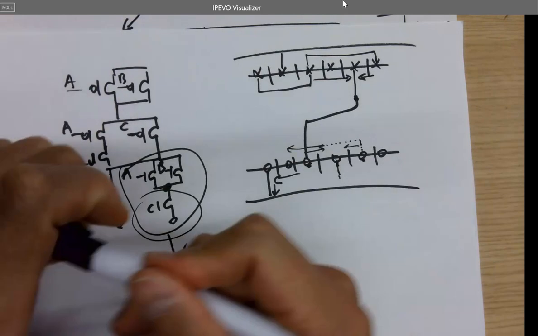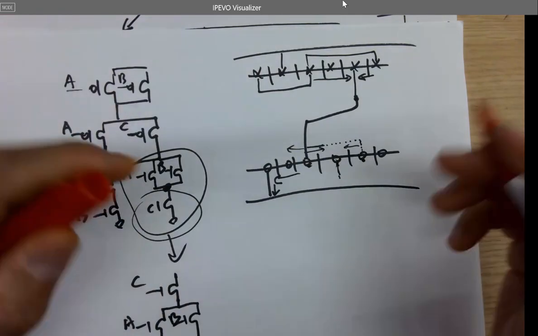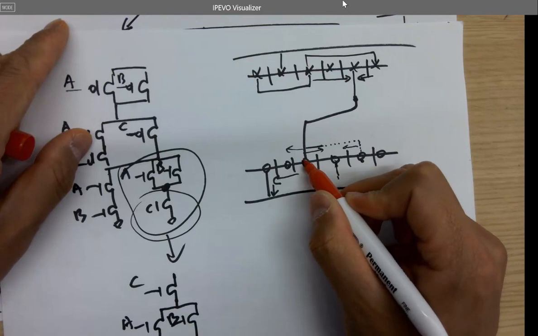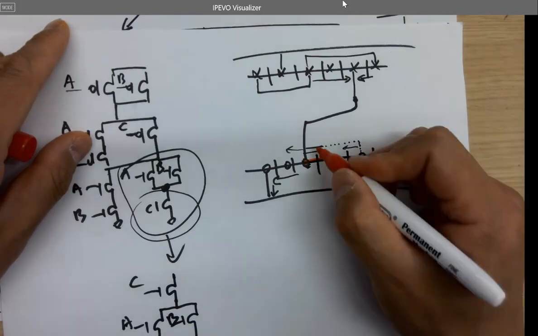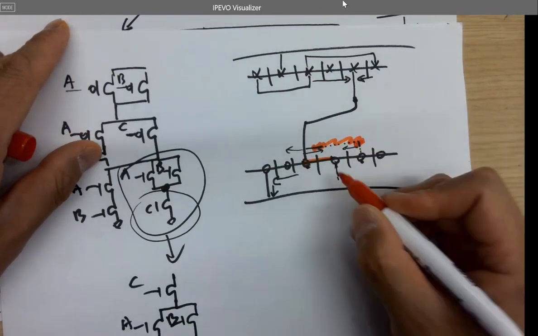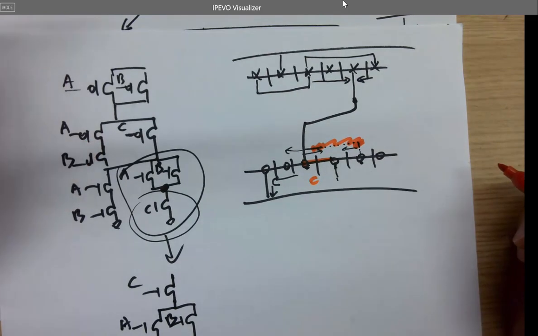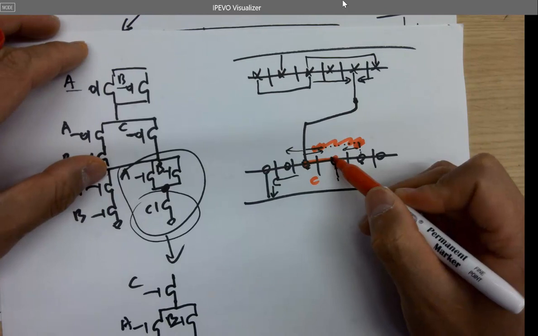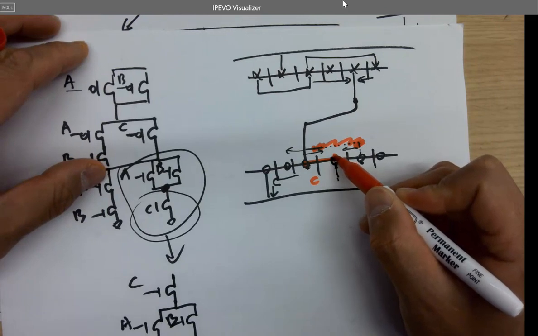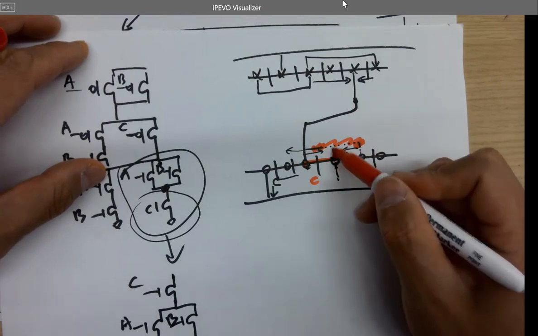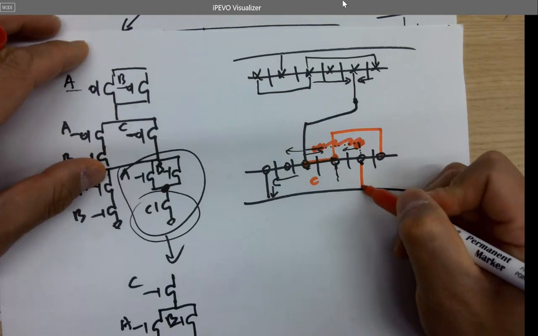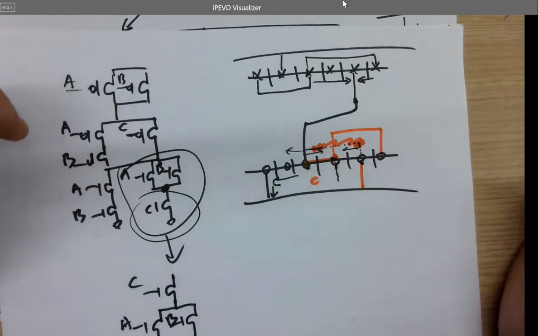So in that case, what we can do is right after this output, okay, we don't use this anymore, okay? So this can be used as C, and then the output reaches here from C. We just drew a parallel transistor for A and B like that. Okay.